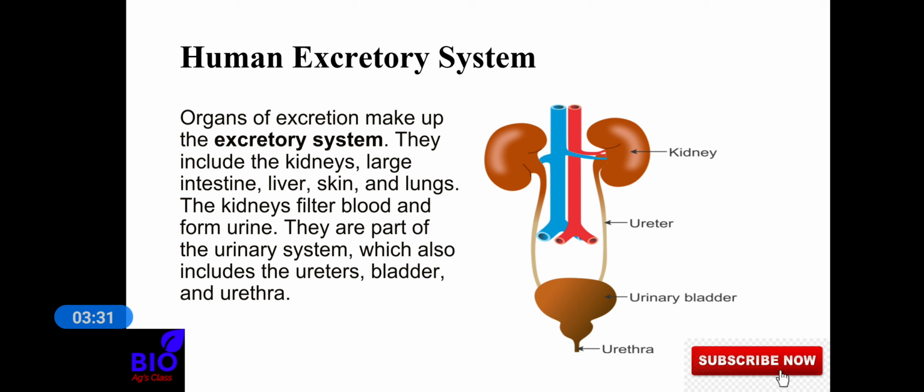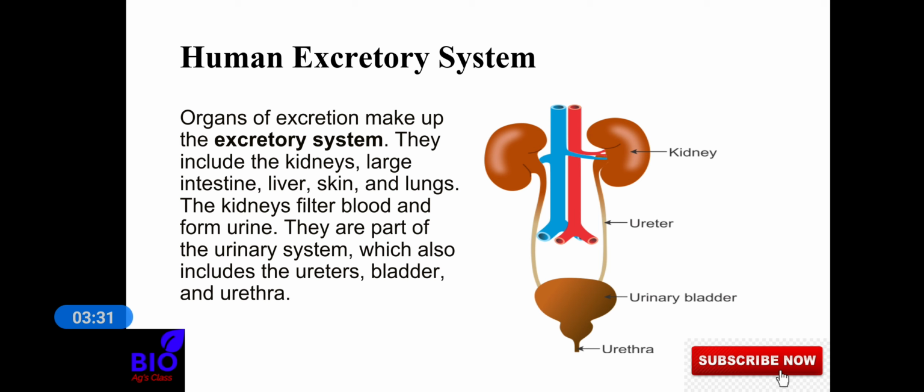And this human excretory system also includes the kidney, large intestine, liver, skin, and lungs, as I said. But it mainly includes our urinary system. In the diagram, you can see there are two kidneys, and two ureters that come out from the kidneys, take the urine out of the kidneys and store it in the urinary bladder.